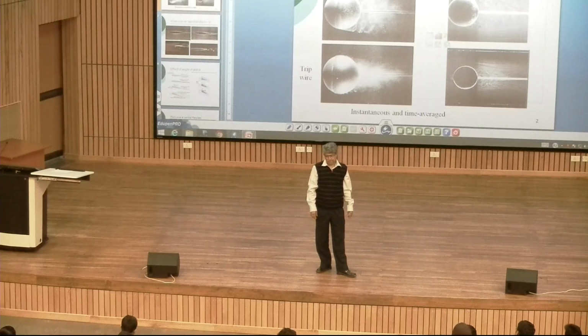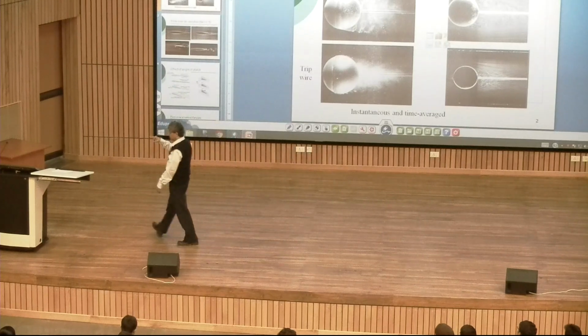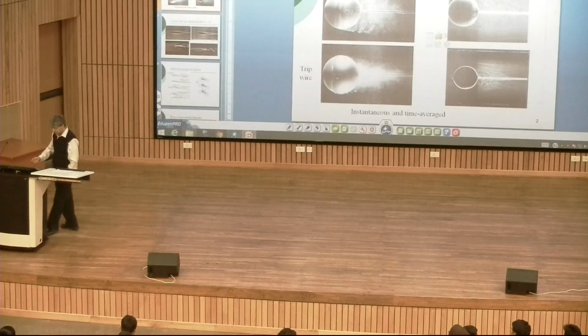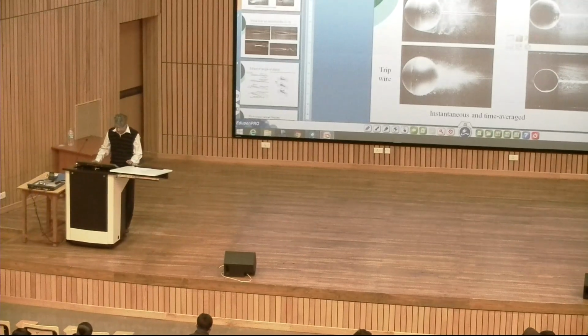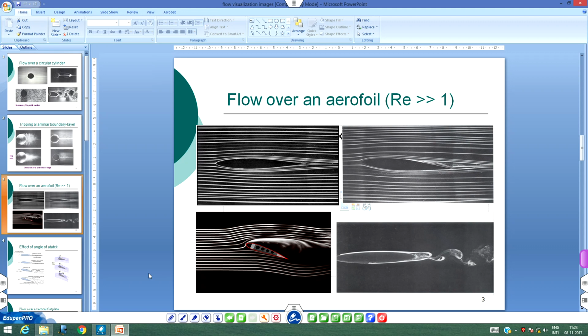Okay. The video given to you has momentum injection, which suddenly delays the point of separation. So, let us see if it runs. This aerofoil cross section is one more method of delaying the point of separation.